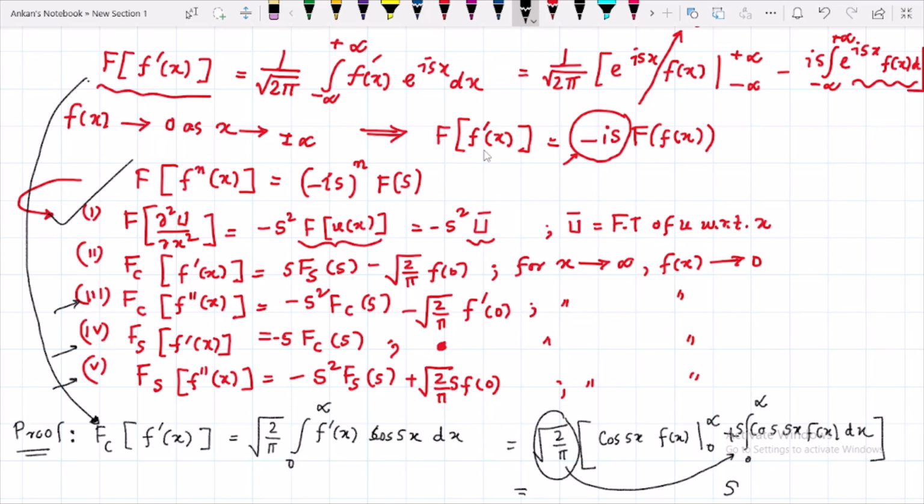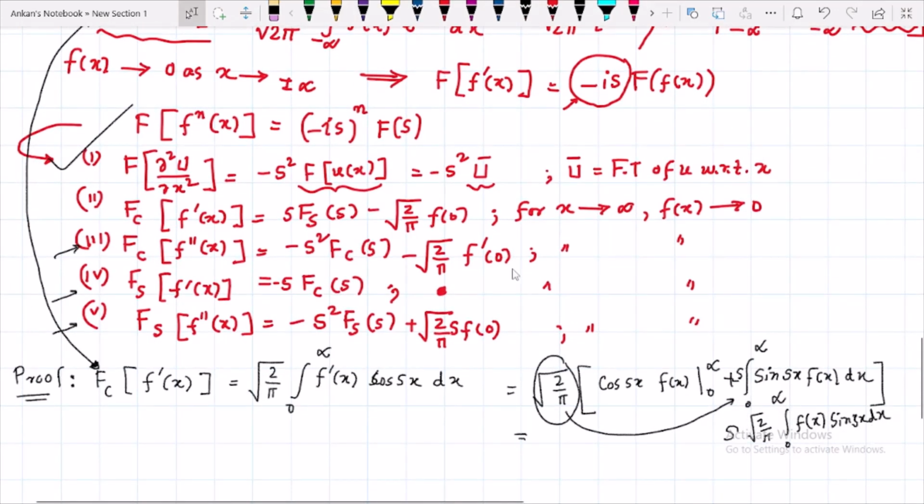So I have the derivative of cos sx is sin sx, so s of root 2 by pi, 0 to infinity, f(x) sin sx dx. It will result in nothing but s into the Fourier sine transform of f(x).